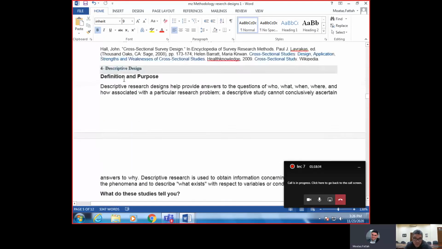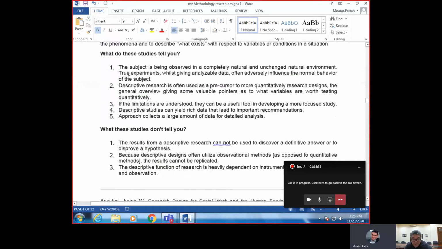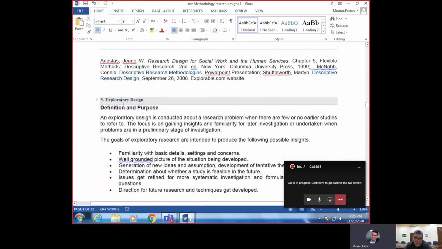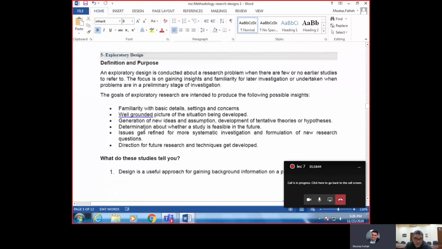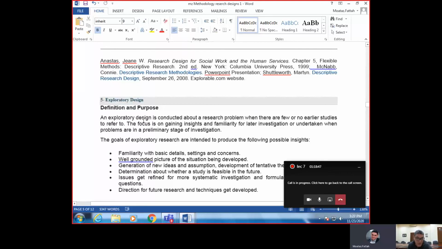I just put them beside each other, but they are basically trying to demystify something that is not understood for us. So somebody might just travel to a place and eventually explain to us what's happening there. Again, not explaining, exploring, giving us a well-grounded picture of the situation.